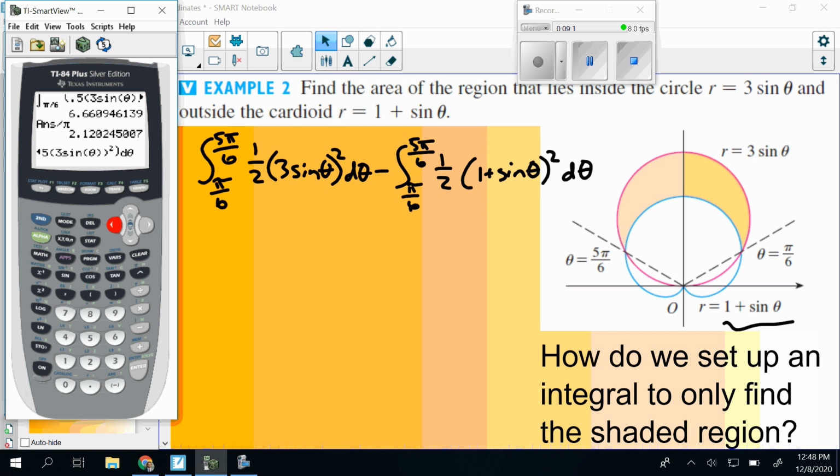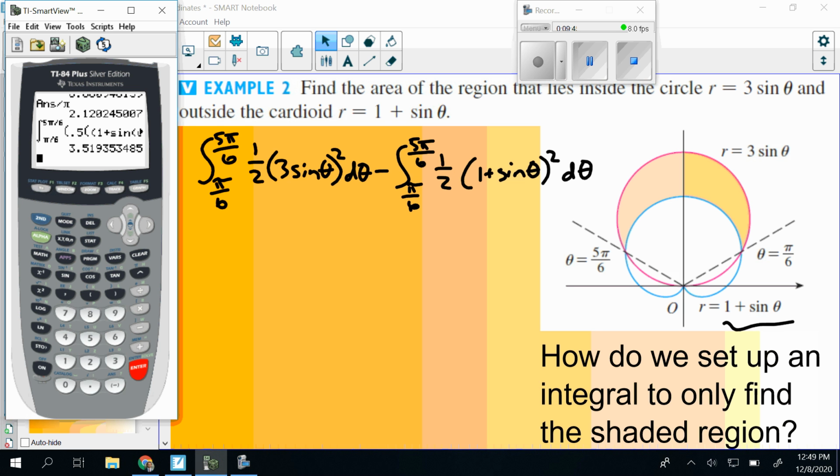So let's do 1 plus sine theta, squared, and I do want to make sure there are parentheses around here, so I'm going to put a parentheses there, and I shouldn't have erased that other one, so I'm going to insert a parentheses here.